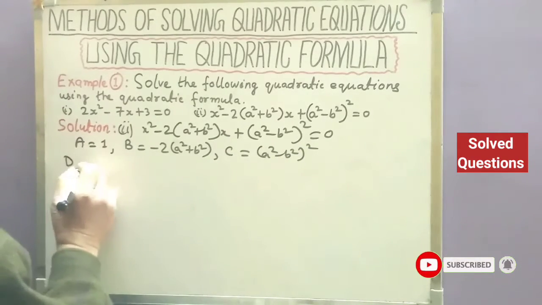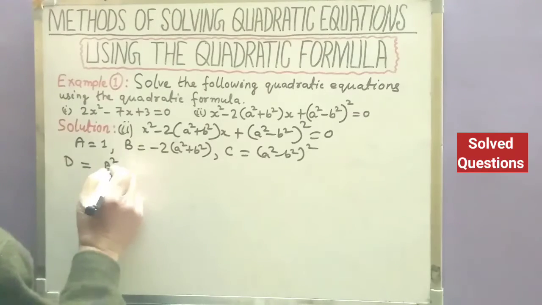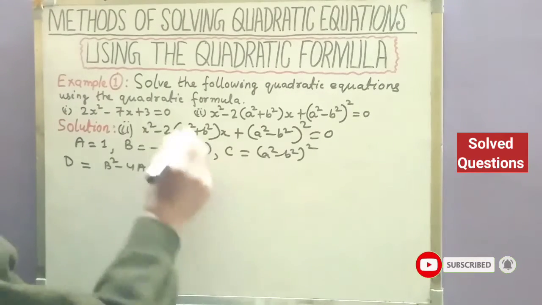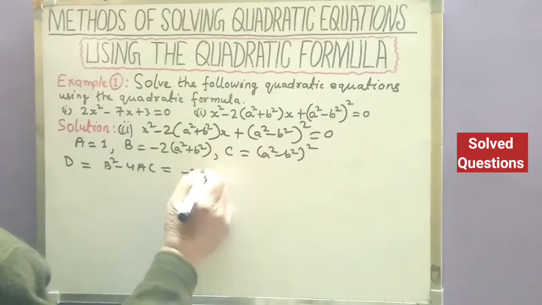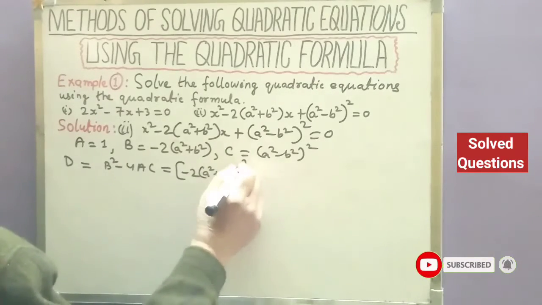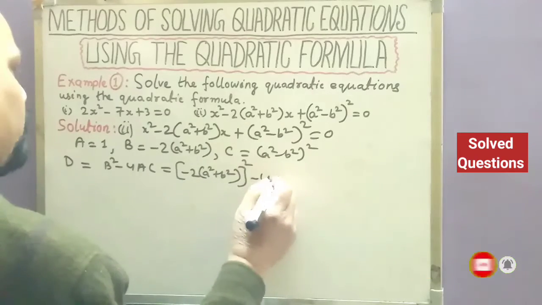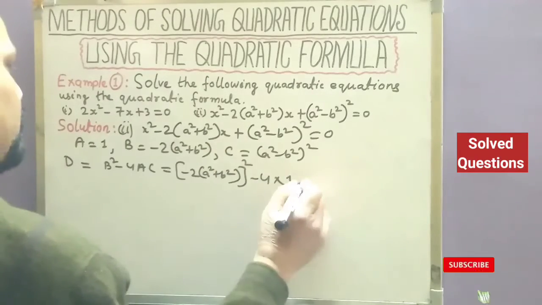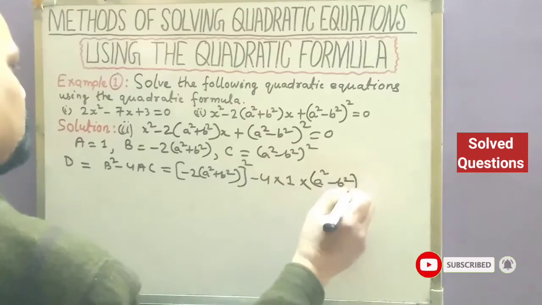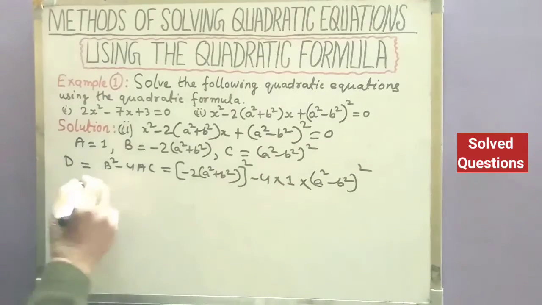Now discriminant D equals b square minus 4ac, that equals (minus 2 into (a square plus b square)) whole square minus 4 into 1 into (a square minus b square) whole square.